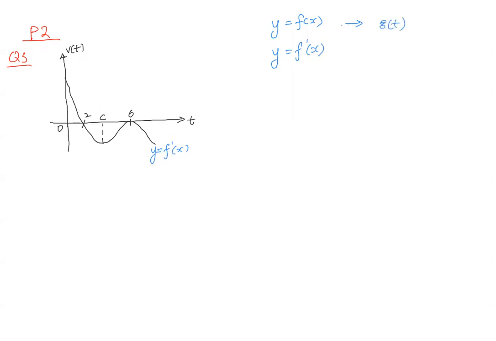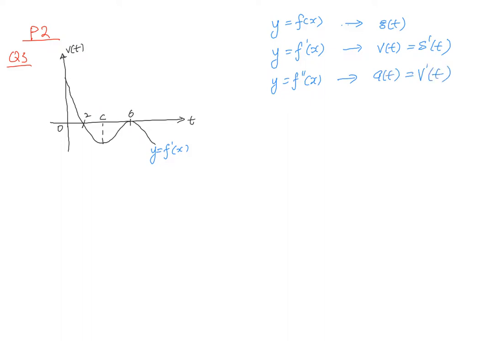Correct? So our v(t) is our s prime t. So you see or not? So our y equal to f double prime x will be our acceleration, which is the v prime t.